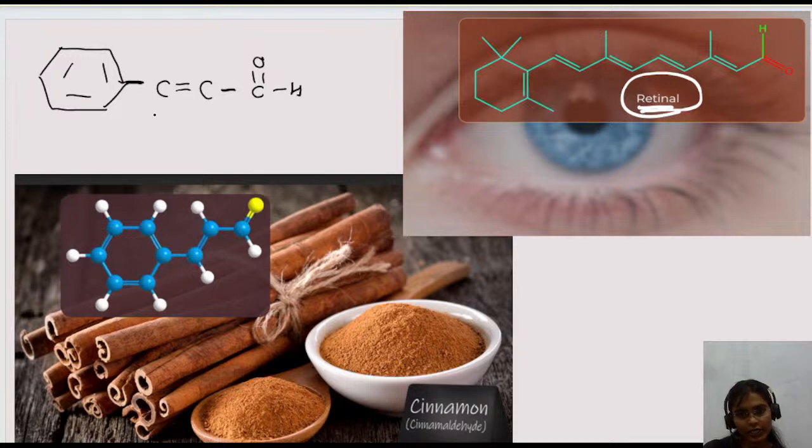So it's cinnamaldehyde. It's really important how questions are framed from this topic, for example, in cinnamon, how many carbons are sp2 hybridized. This is the structure of cinnamaldehyde. The common name is really, really important here, okay?